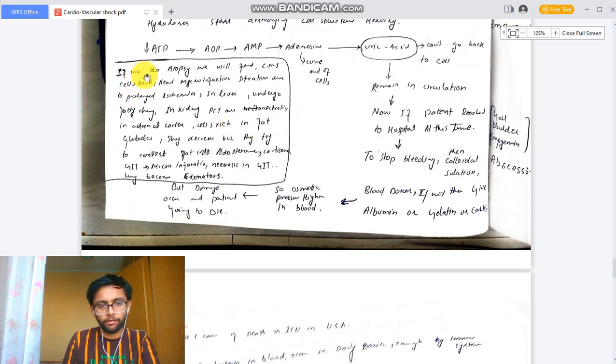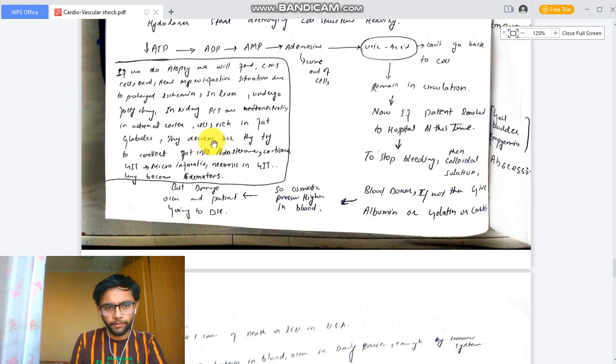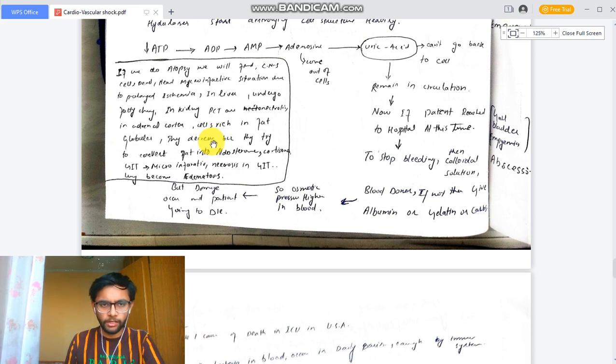But at the end, if the patient dies, we will do an autopsy of the patient, and we will find that central nervous system cells are dead, the heart shows myocardial infarction-like changes from prolonged ischemia, the liver undergoes fatty change, in the kidney the proximal convoluted tubules are necrotic, and in the adrenal cortex the cells rich in fat globules decrease, because the fat is used more and more to form lactic acid and converted into aldosterone and corticosteroid.